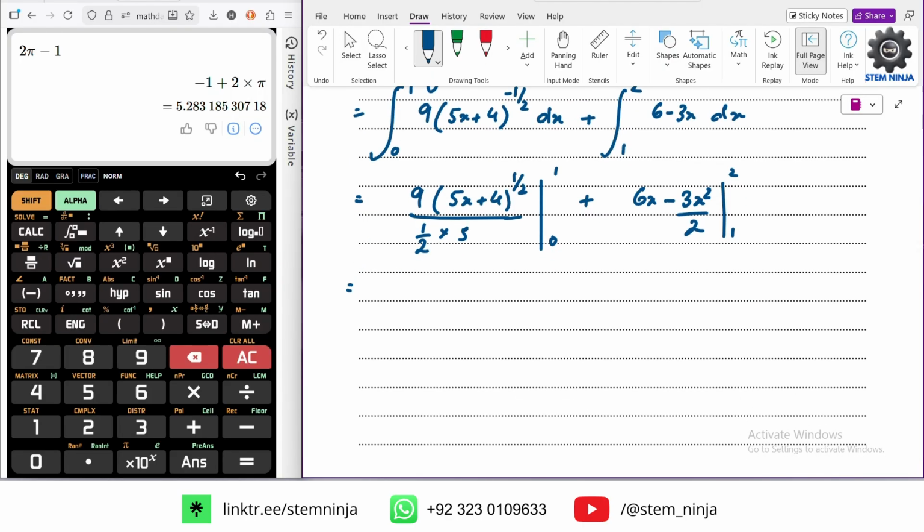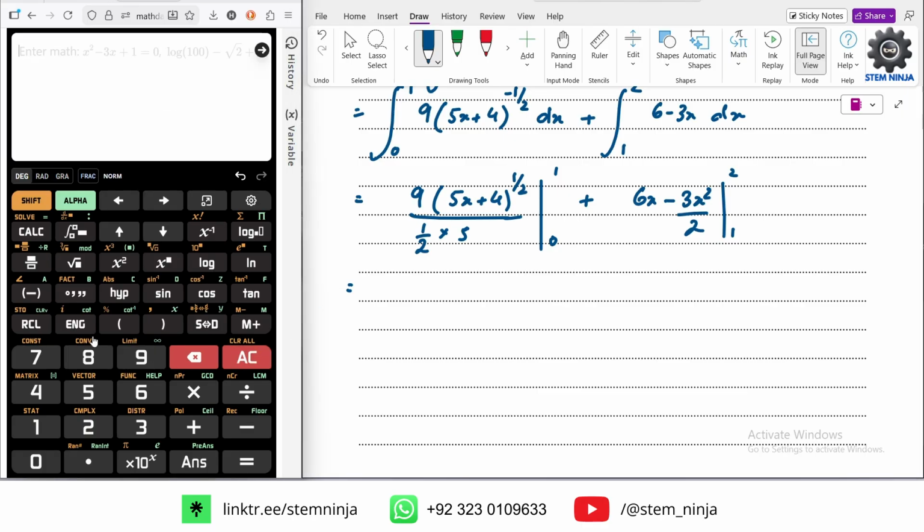Okay, so 9 divided by 0.5 times by 5, this is 18 over 5.